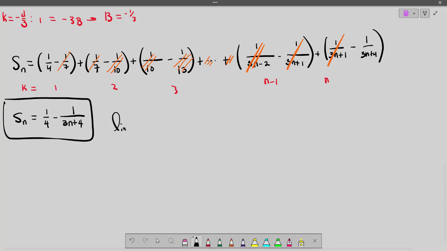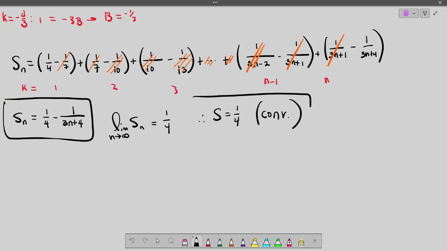The limit of S sub n as n goes to infinity is equal to 1/4. So therefore, S equals 1/4. In other words, we were trying to figure out if it converged or diverged.